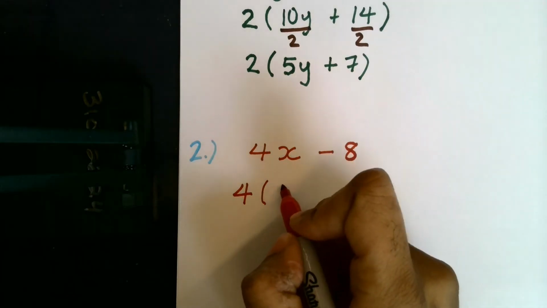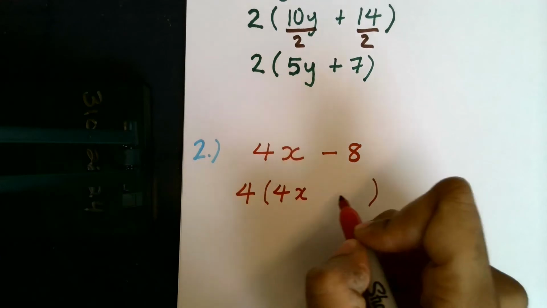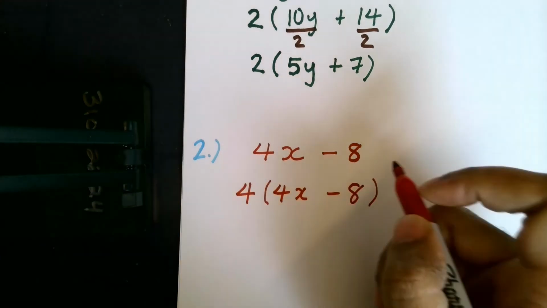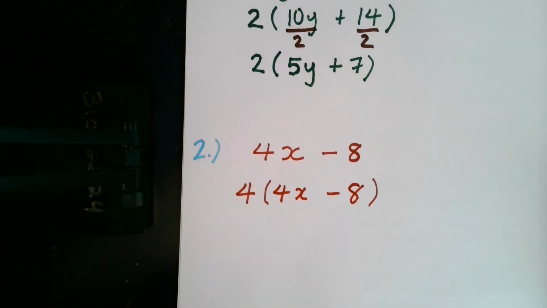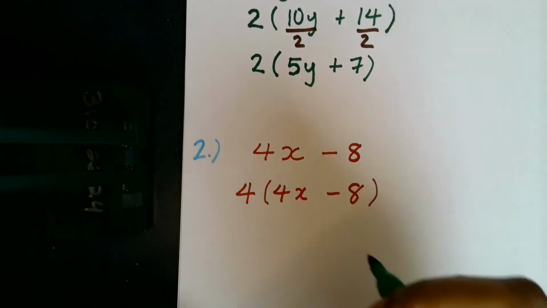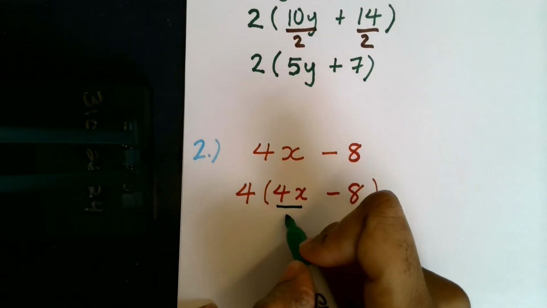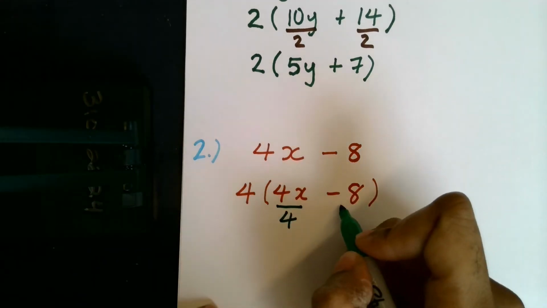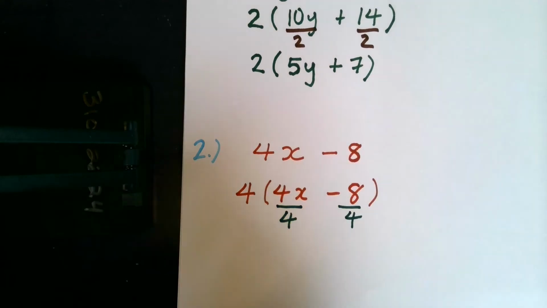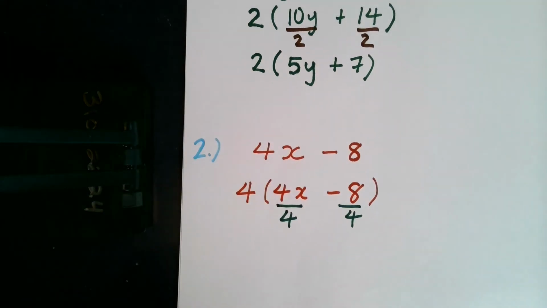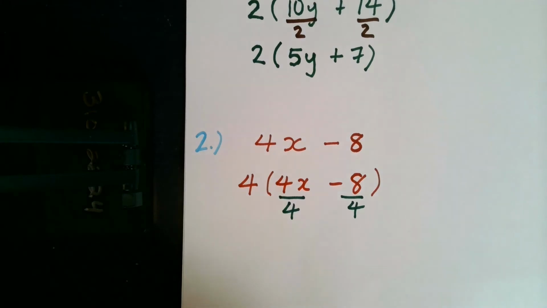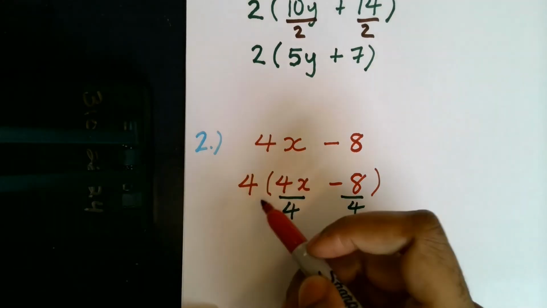Then we write our original expression on the inside, and then we divide each term by our GCF, which is 4 in this case.